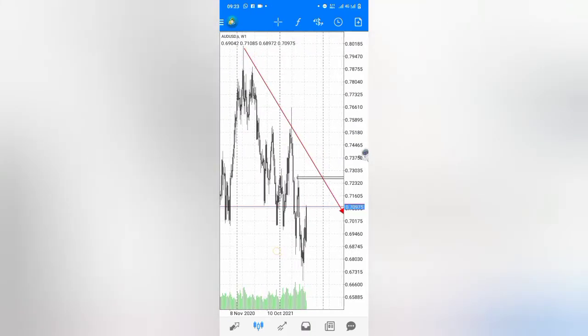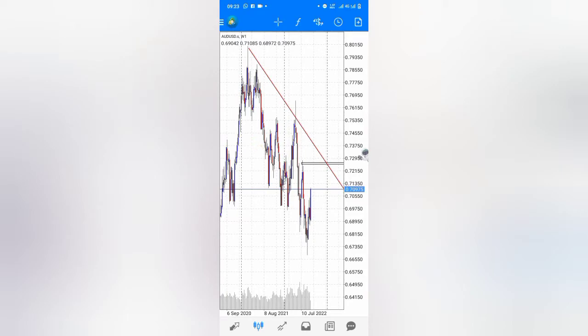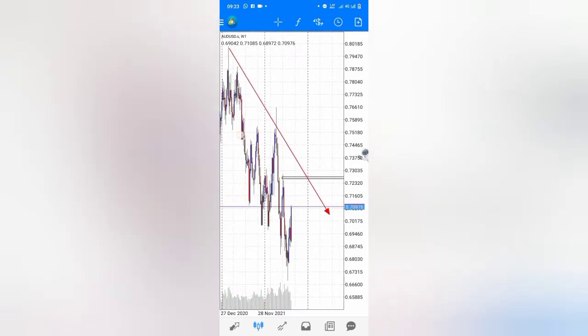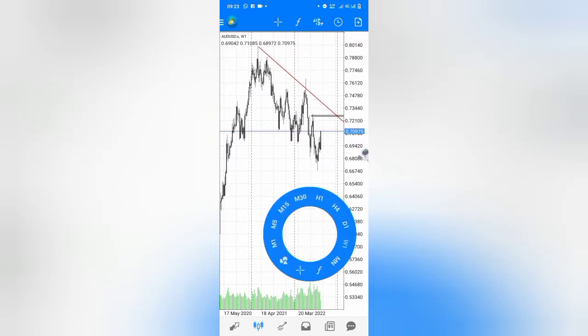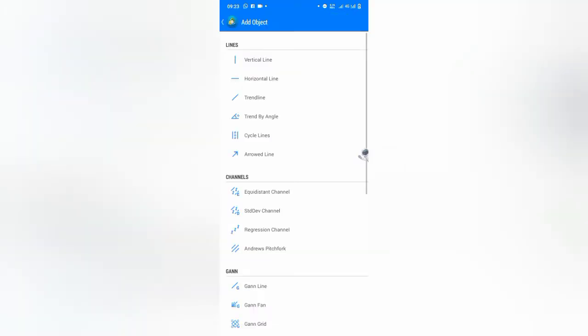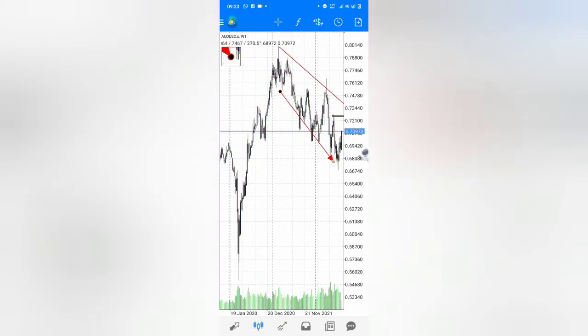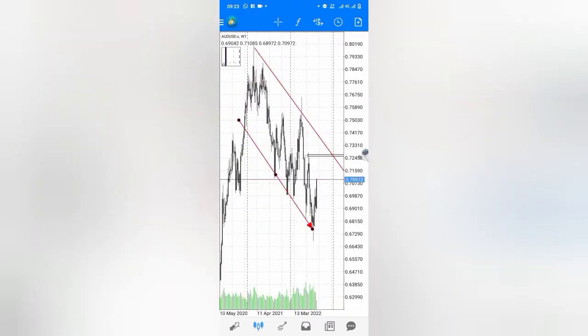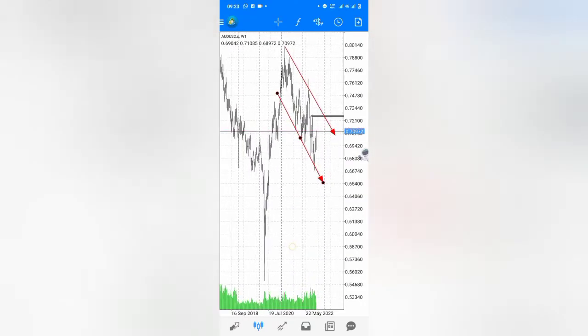So let's now scale down to one day, for you to see it very well. If I use the second arrow here now, you see it now. I just use the second arrow to show you that this price is still a downtrend.